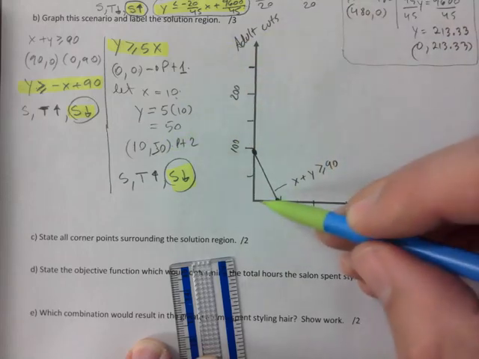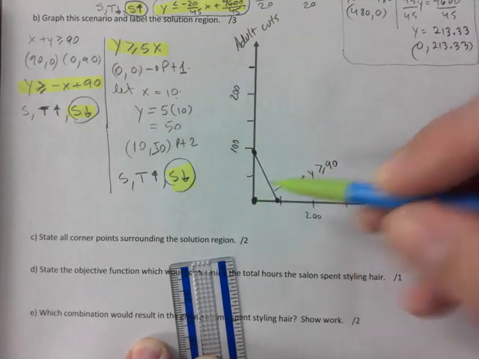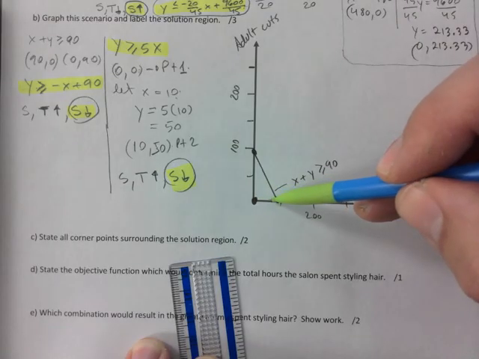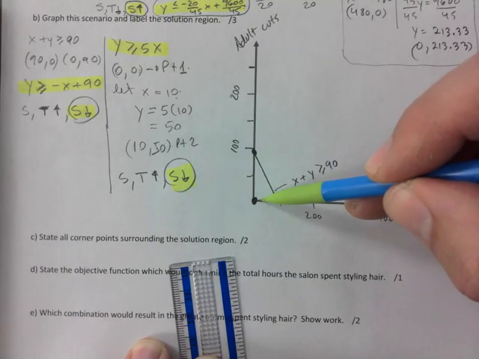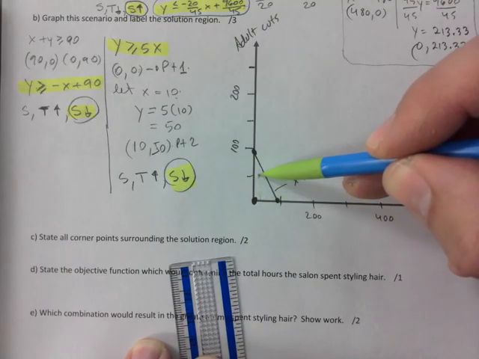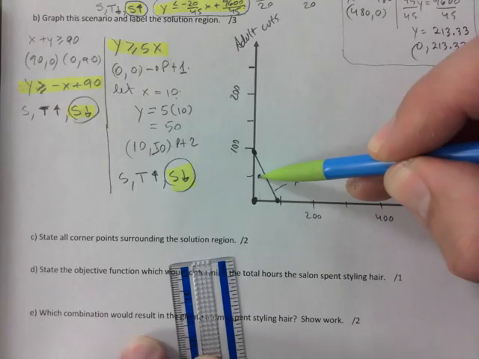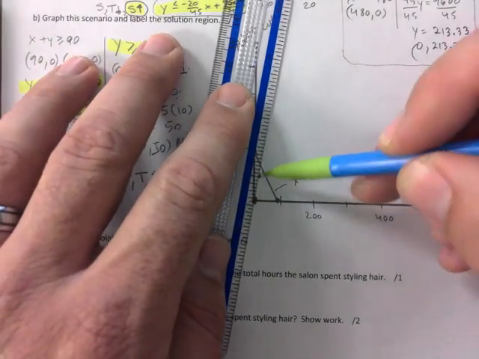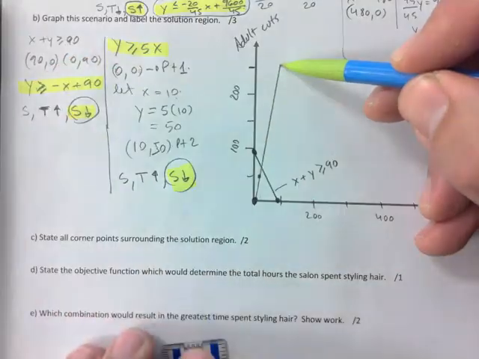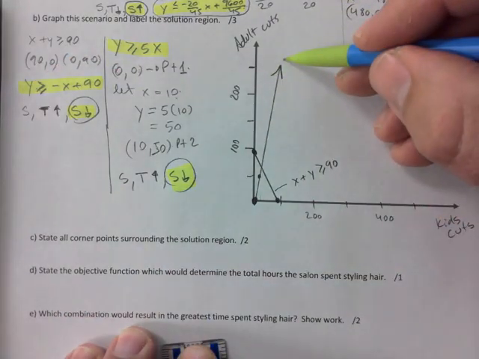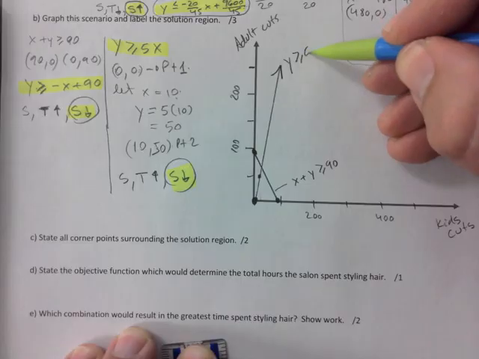Okay. 0, 0 is part of it, and then 50, 250 is right there. So you graph that line. And this is the line y is greater than or equal to 5x.